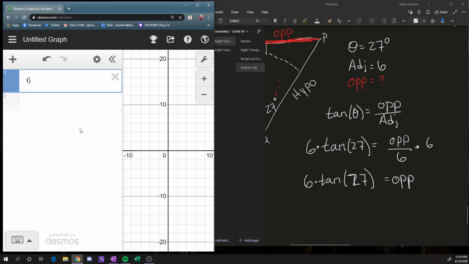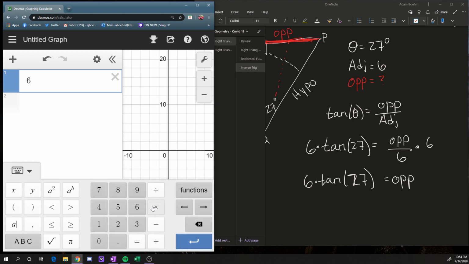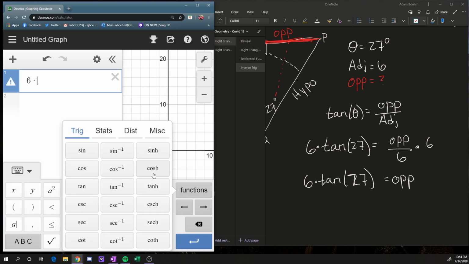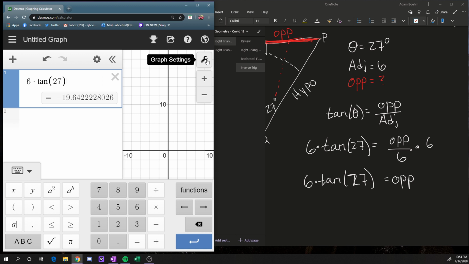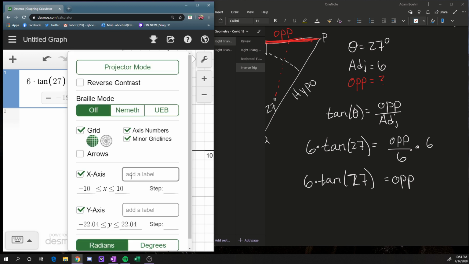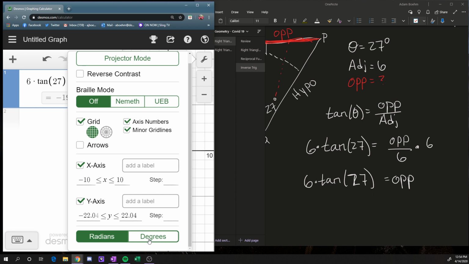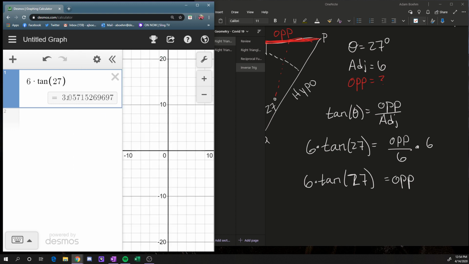So 6 times tangent 27, and we want that to be in degrees. Okay, so right now this is in radians, and in order to change that, we go to our little wrench in the top right hand corner, click it, scroll down to degrees, click that, make sure it's highlighted, click off of it, and then we'll get our answer.